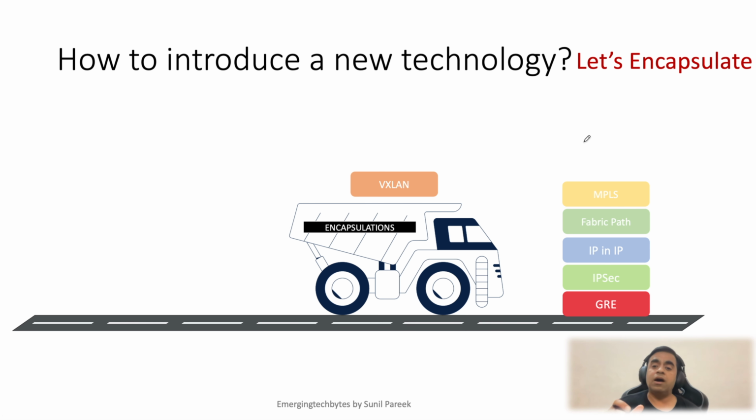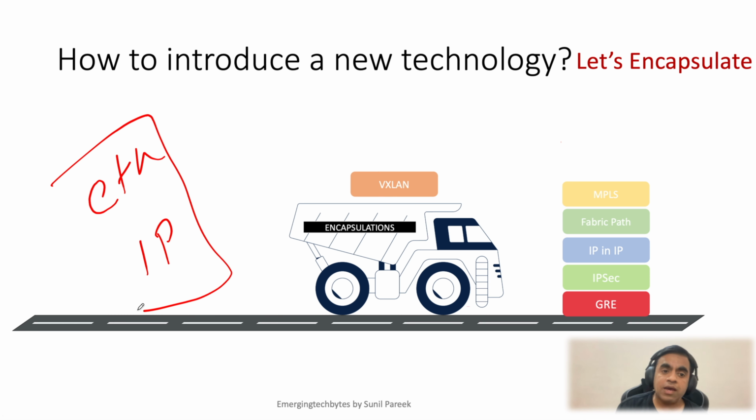All of these are one or other type of encapsulation. What it does is take that IP or Ethernet packet, let's say, and just encapsulate it and send it over.